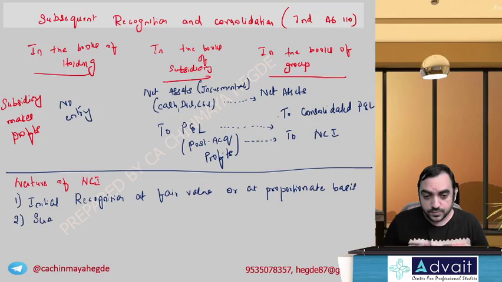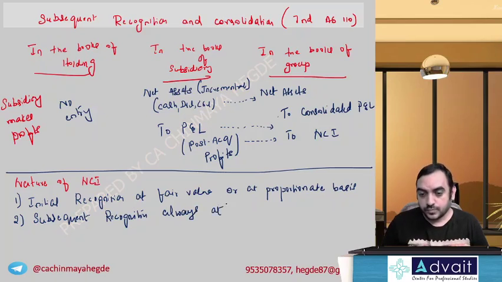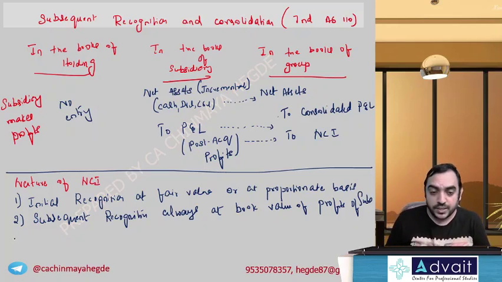Subsequent recognition: always at book value of profits of the subsidiary.